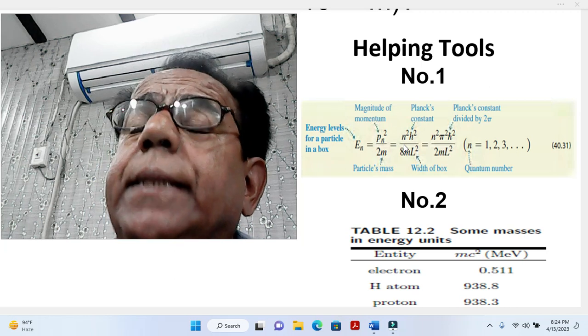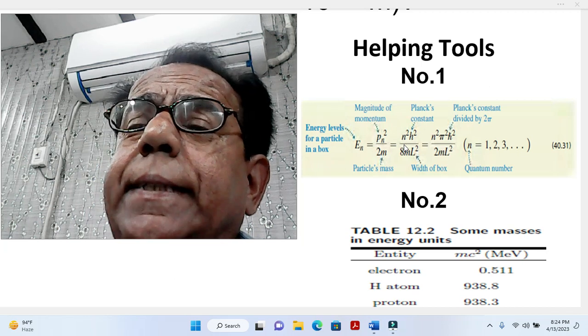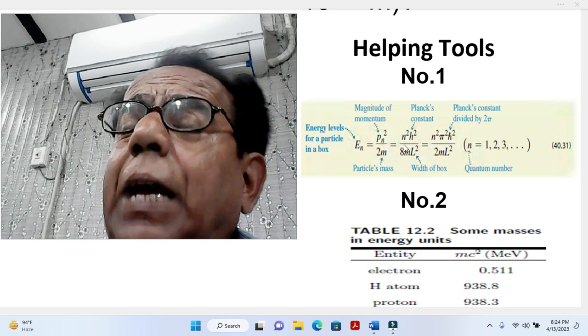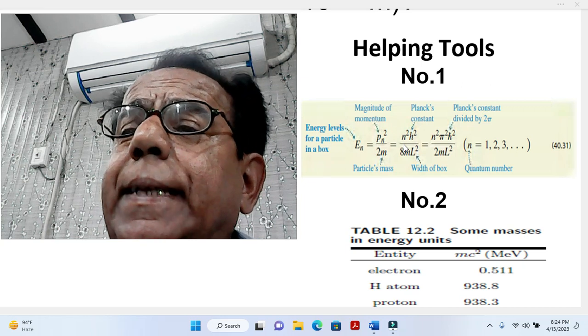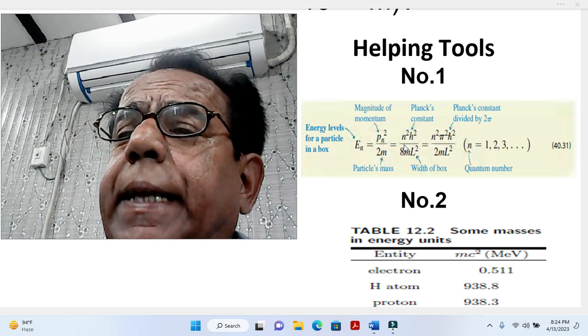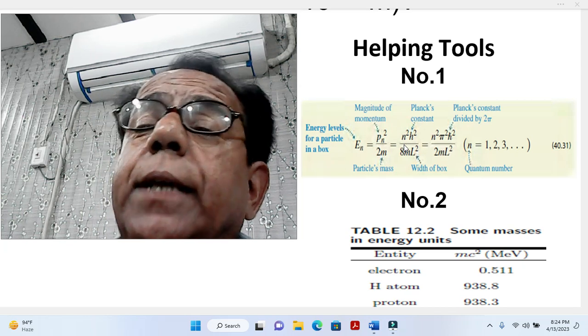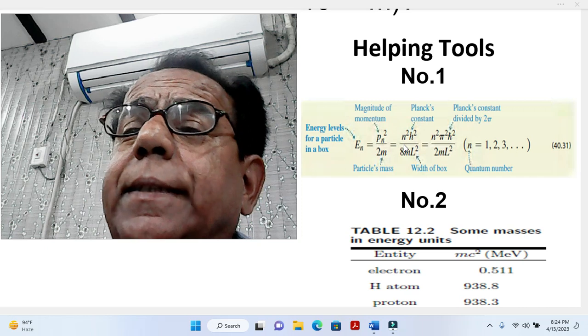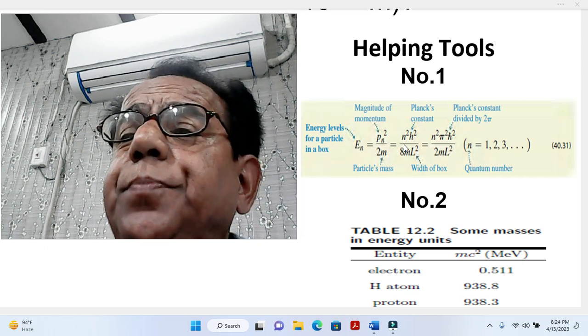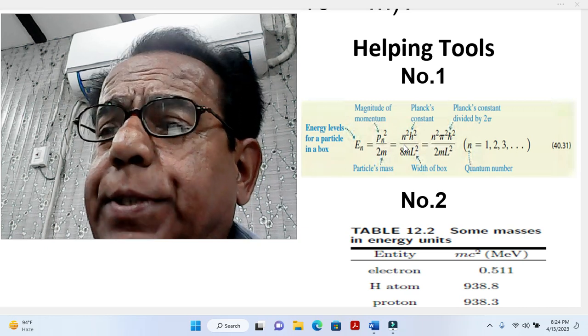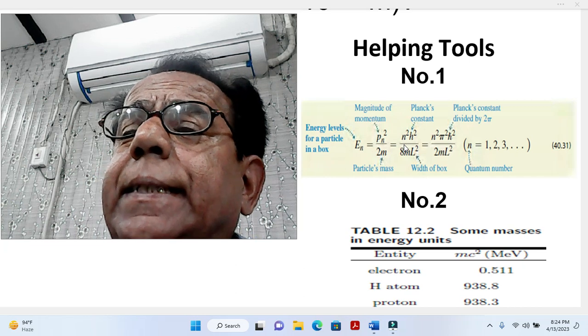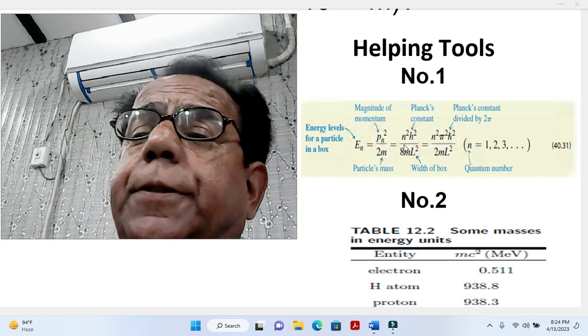This expression is equivalent to n square h square over 8m capital L square. These two expressions are equivalent. Here h is Planck's constant and capital L is the width of the box.